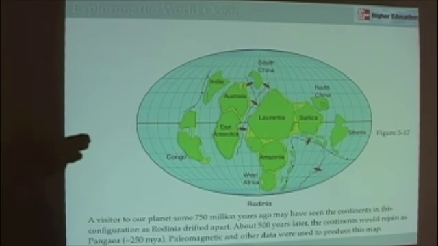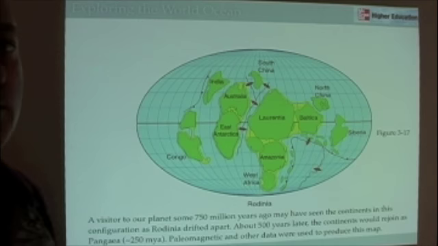And if you had been visiting our planet 750 million years ago, this is what you would see. An East Antarctica and Australia combined, a completely separate India, nearly unrecognizable Eurasia and North America. Here, this looks like the beginnings of Africa, Amazonia, the beginnings of South America, pieces of Siberia out here.